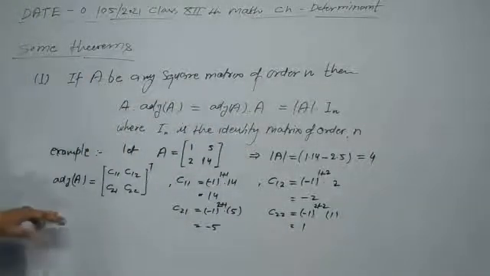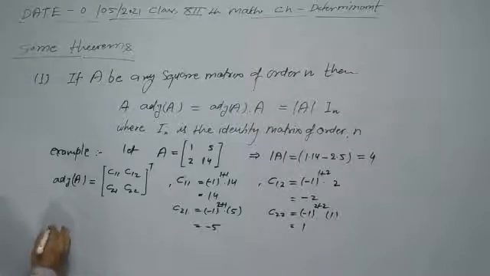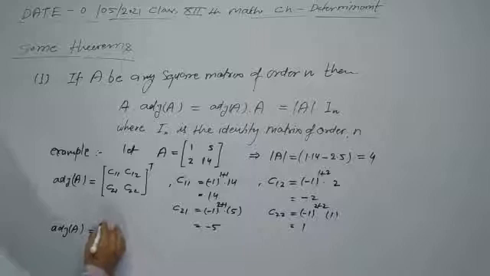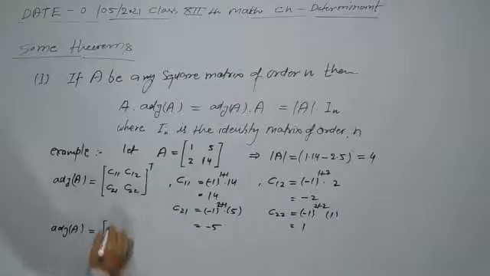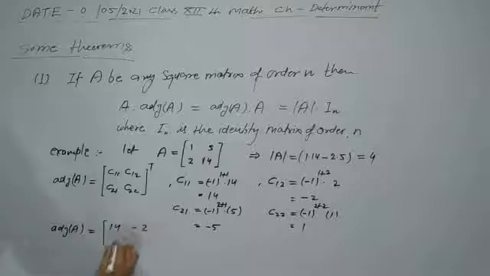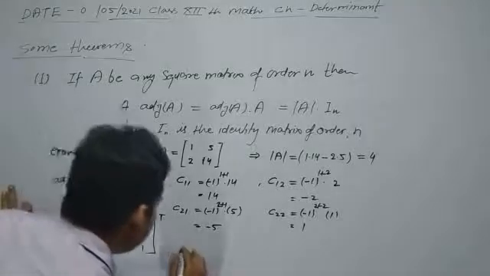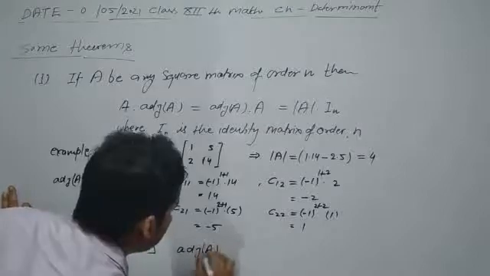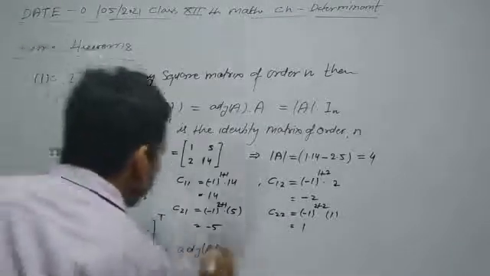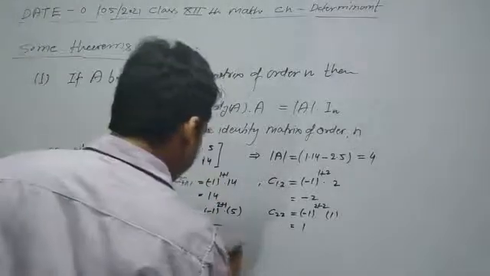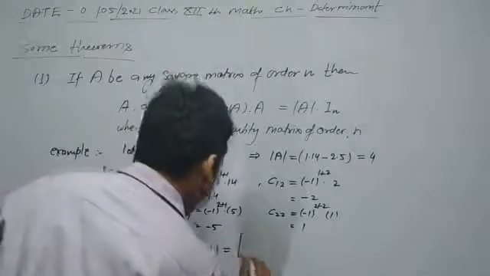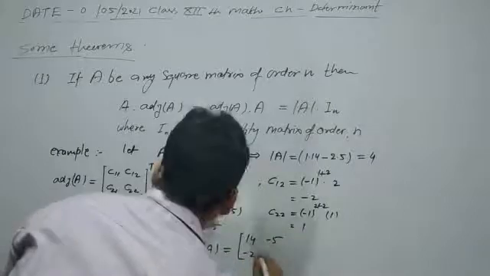So the adjoint of matrix A is the transpose of the matrix with entries C11 which is 14, C12 which is minus 2, minus 5 and 1. After taking the transpose, adjoint of A is 14, minus 5, minus 2 and 1.